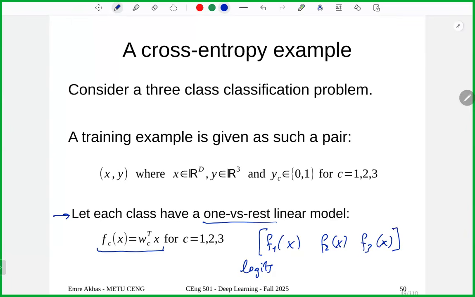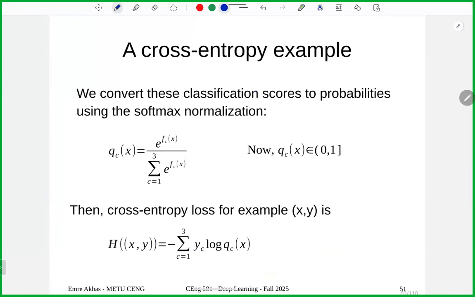But we need to work with a discrete probability distribution. So we need to convert these raw unbounded values into a discrete probability distribution. And the answer to that is softmax. We convert these classification scores or logits to probabilities using the softmax normalization. The formula is written here.